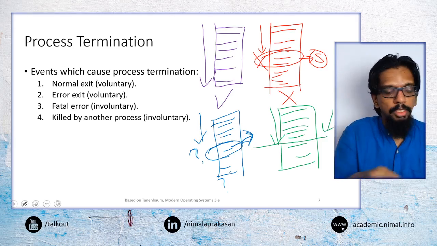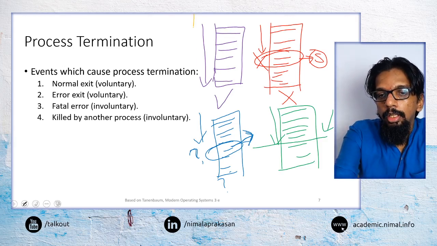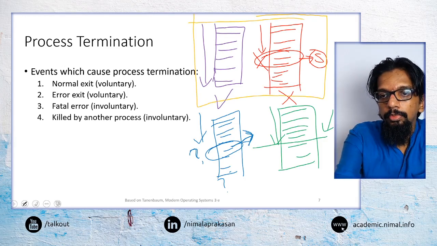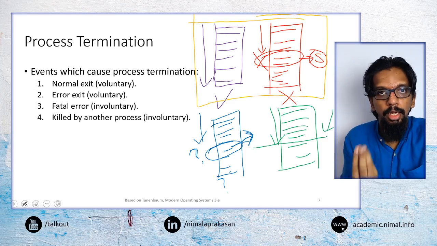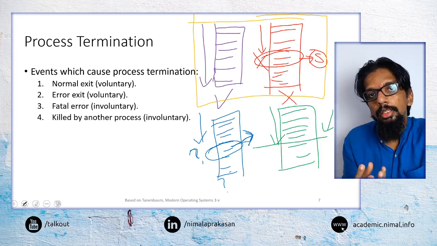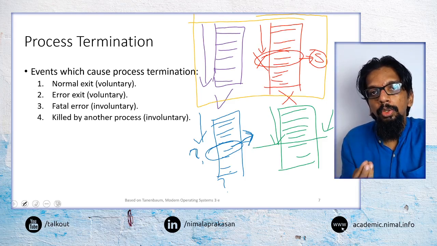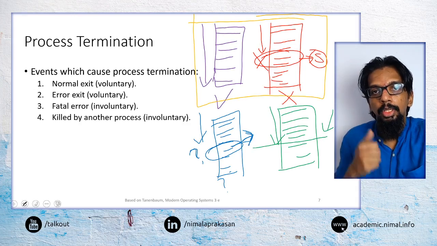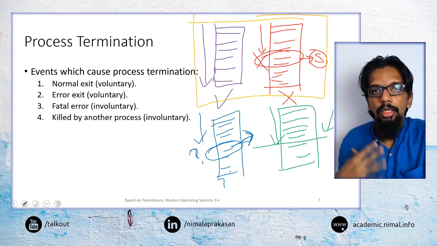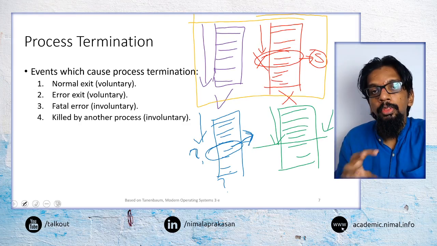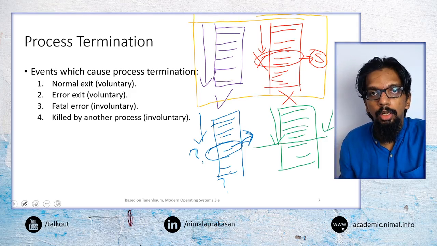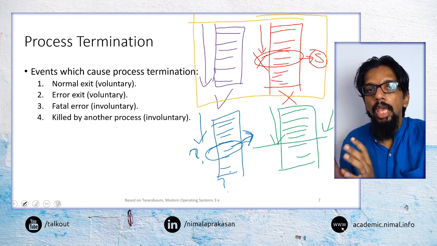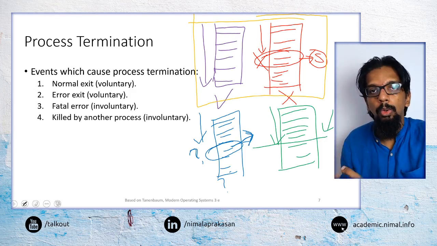And of these 4 ways, we have the first 2 types, the normal exit and the error exit. In these 2 cases, the program itself knew that it had to exit and it knew why it is happening. So in the first case, it completed everything successfully, so it ended there. It knew that instruction was there. The second case, it didn't have some access or had some problems, but it knew if I have a problem, I should close now, and it closed itself.